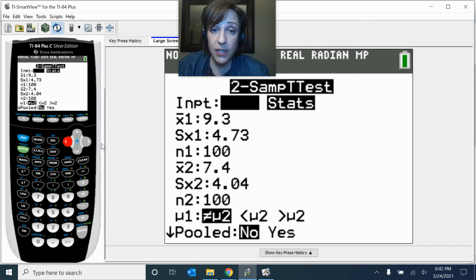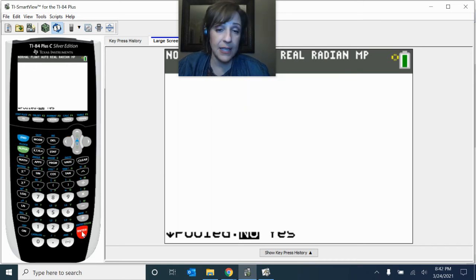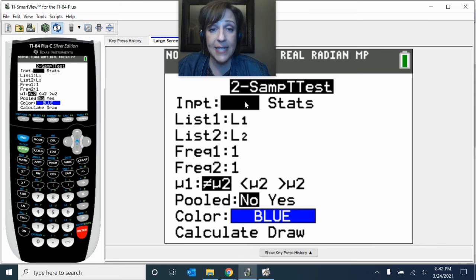So we're going to do it as raw data. So I hit the raw data tab, and there we go. List 1, my first group, my Buy Right pets, is in list 1, and my Fish Friends information is in list 2. I don't have any special frequencies happening, so those are just one.